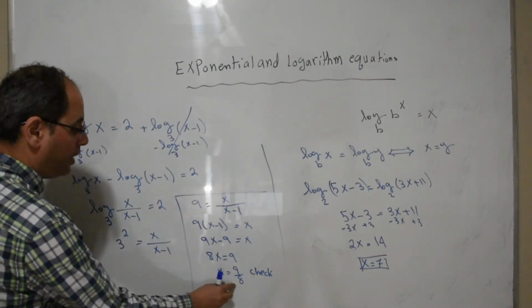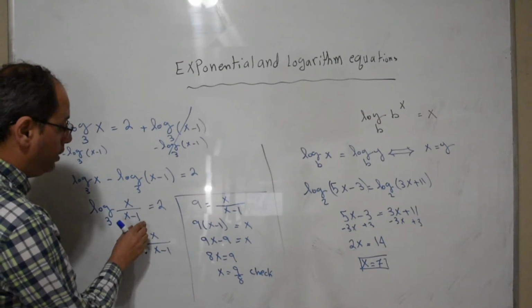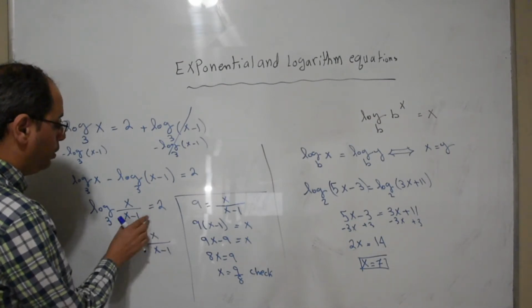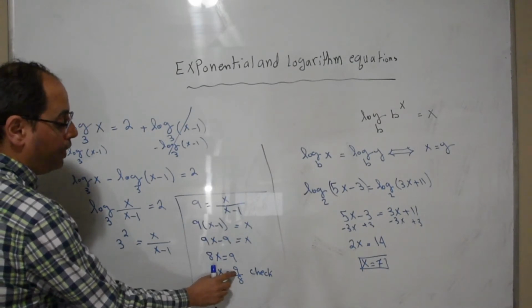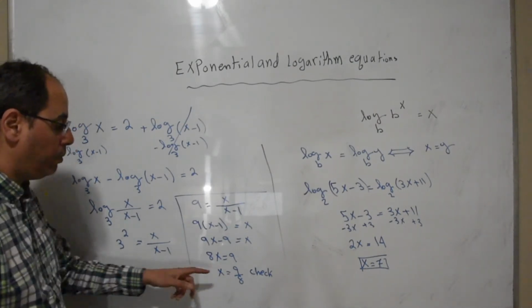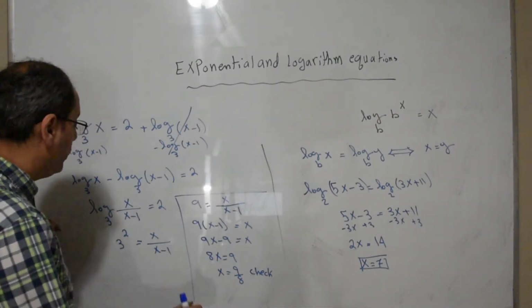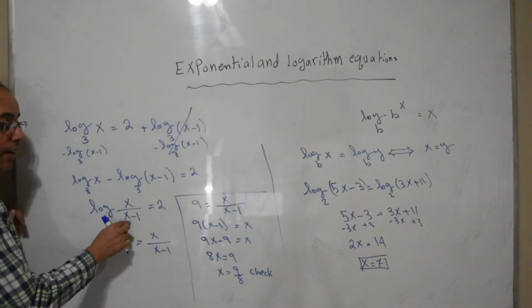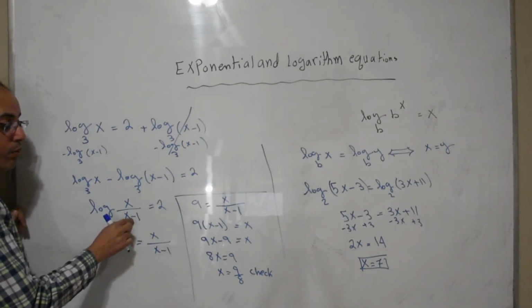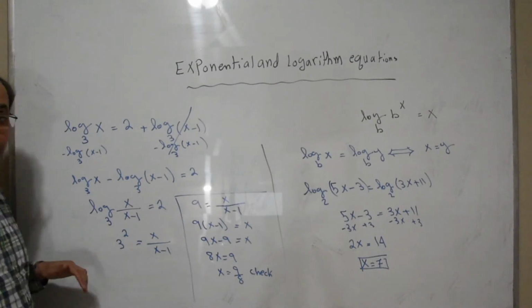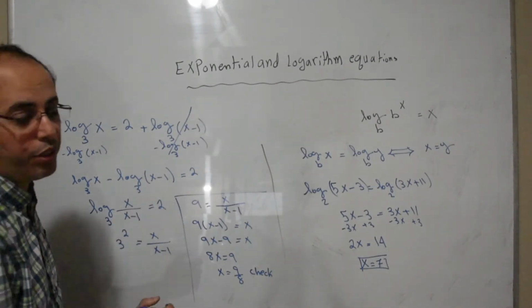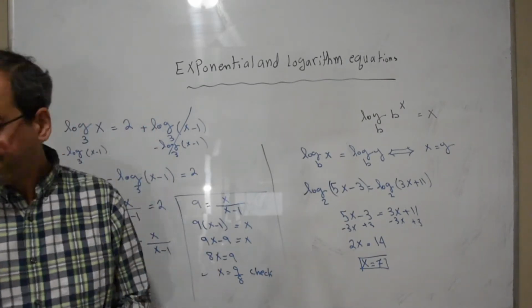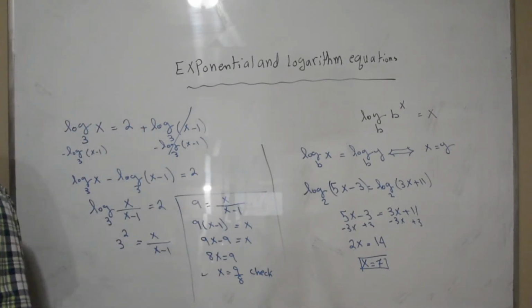Because this is 9 over 8, minus 1 is 8 over 8, so you get a positive number. But if it were less than 8 over 8, suppose you have 7 over 8, you'd have a problem because you'd get negative 1/8, so that doesn't work. So you have to check it to make sure that it works. However, it works here. Alright, let's get one more example.